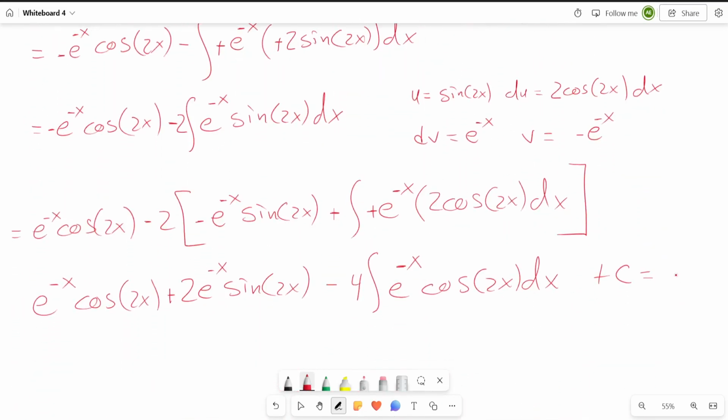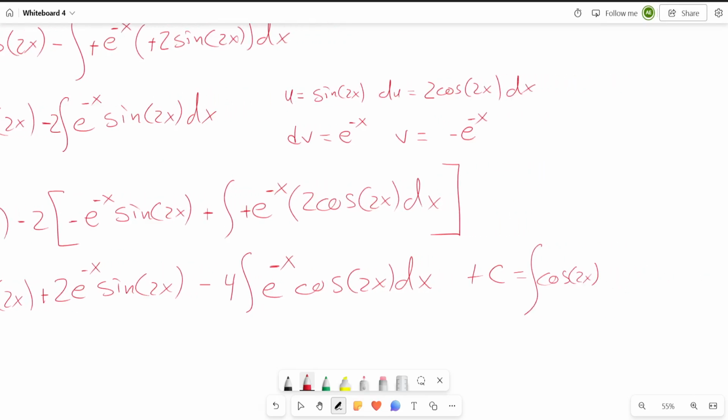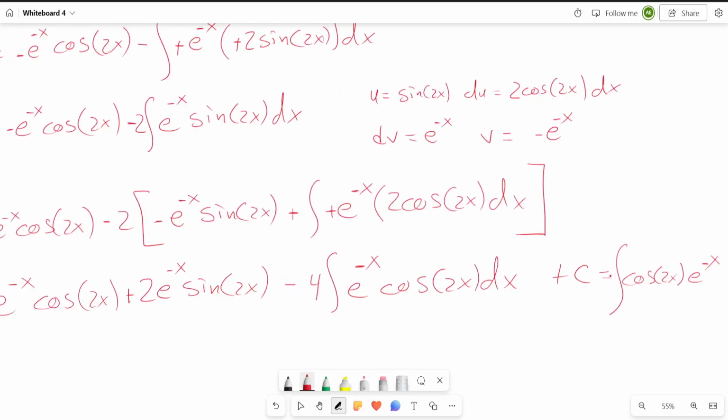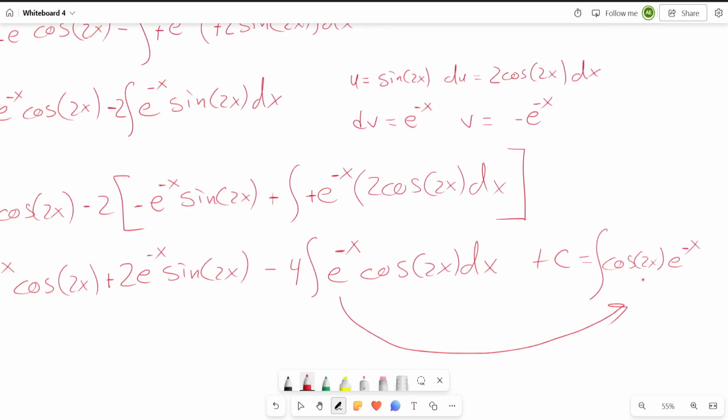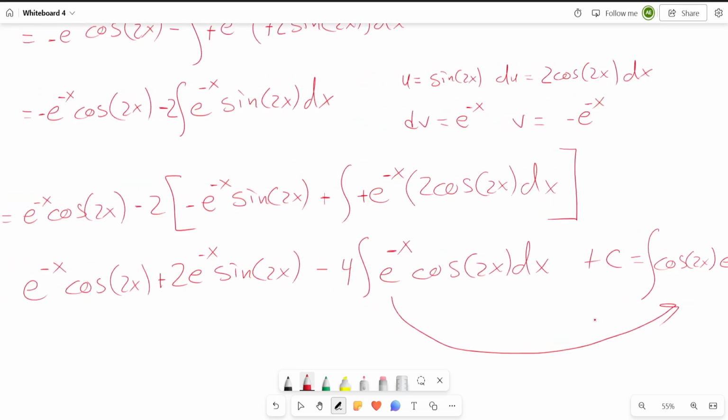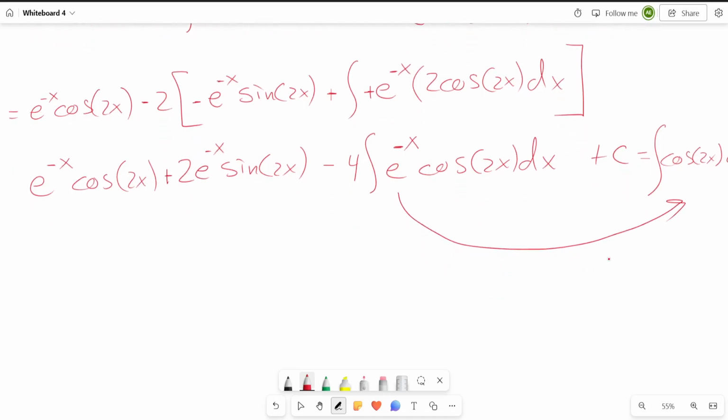So this whole thing is equal to the integration of cosine 2x, because this is my original equation. So what I can do is I can move this to the other side of the equation, so it becomes plus 4 integration of this thing, and I can add these two terms together because they're exactly the same. This is dx.